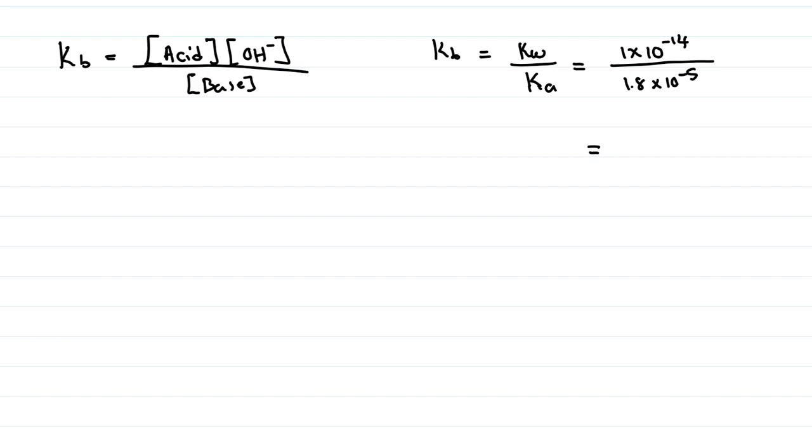And this gives us a value of 5.6 multiplied by 10 to the power of negative 10. Now that we have the value for Kb, we can put it into our equation.